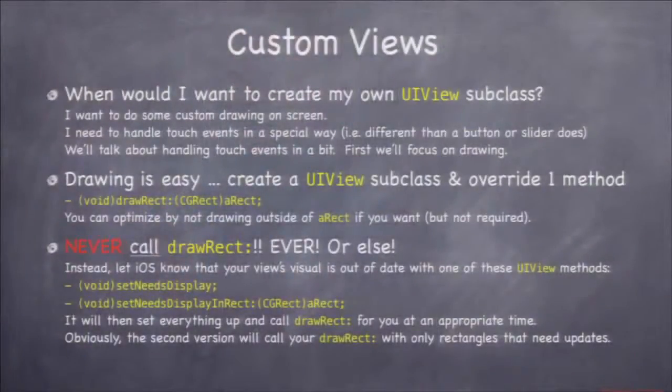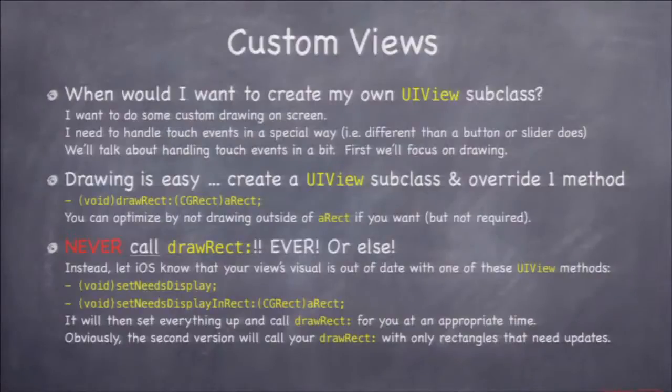So really important. Never call drawRect. If you call drawRect in a homework assignment in this class, you are going to get dinged, because I'm putting it in red, never red, and I'm telling you, don't ever call drawRect. drawRect is for the system to call. If you want your view redrawn, you call the method setNeedsDisplay. And that tells the system this view needs to be redrawn. And then the system will call drawRect at an appropriate time.